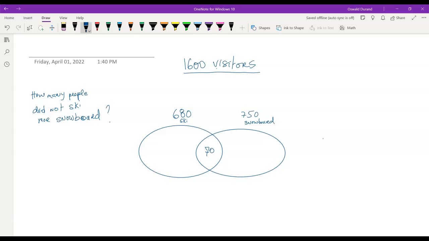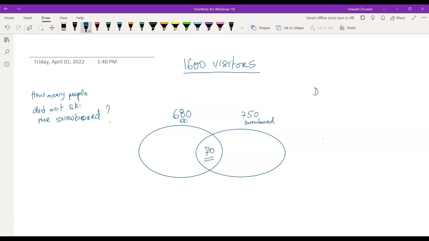All right. So first of all, we need to know how many people are skiing and also snowboarding. But there's a trick here because you have 70 that have done both. So the 70 are in both camps, right? But anyway, how to determine?